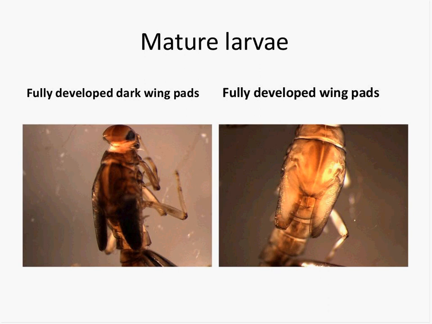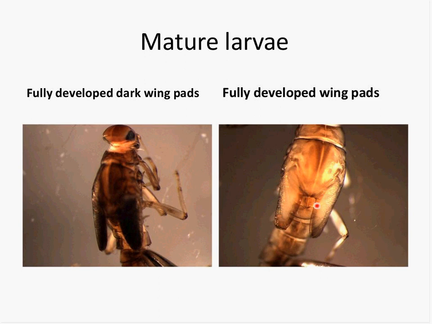If you don't know how to identify fully mature and fully developed Baetis larvae, these are two photos of specimens that I just took the other day from some Baetis from San Diego. You can see on this specimen here, this is a fully developed larva.